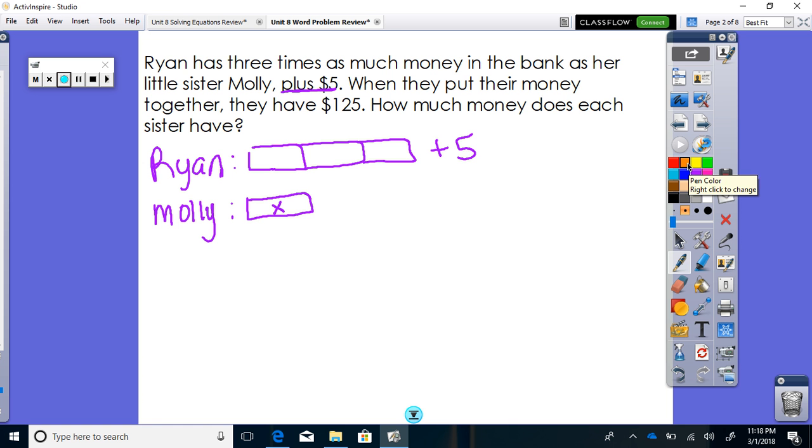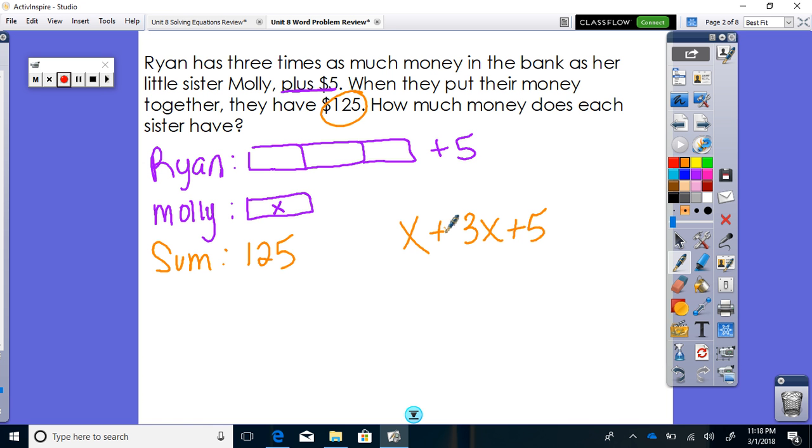So that means that our total sum together has 125. So Molly's money is x, and then Ryan's money is 3x plus 5. And when I combine them together, it has to equal 125.